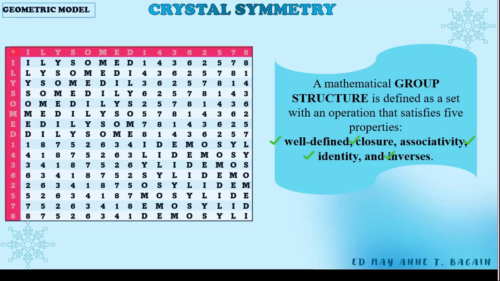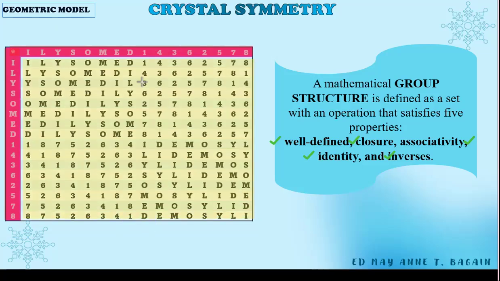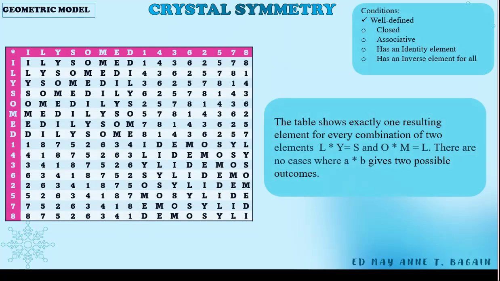So all of this is closed because it is within the given set. So now that we know that it is closed, let's check the others. Now let's check if it's well defined.